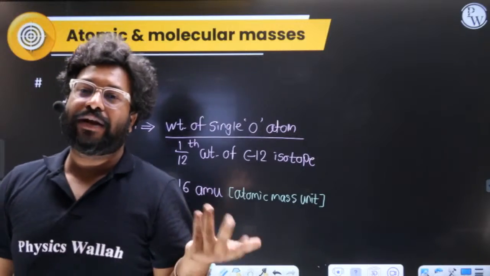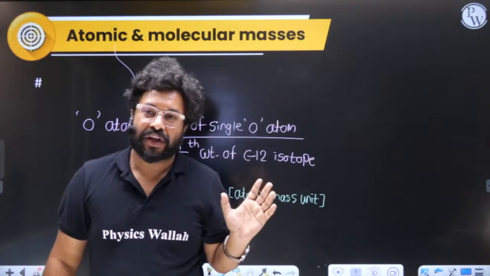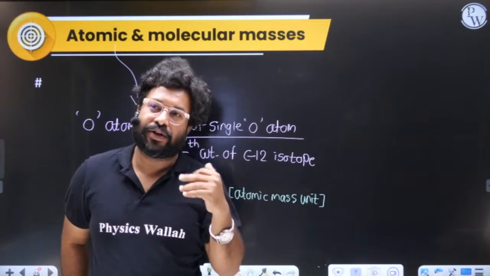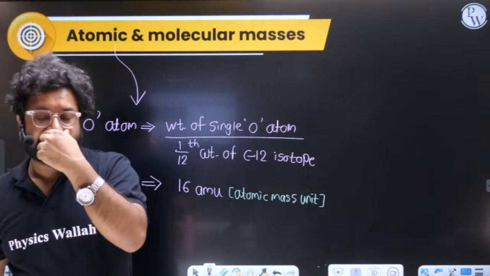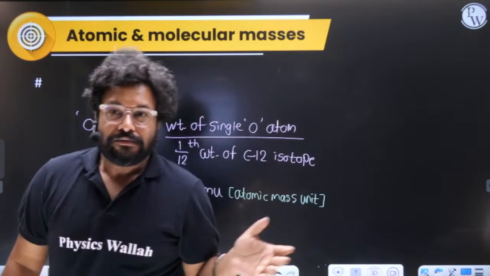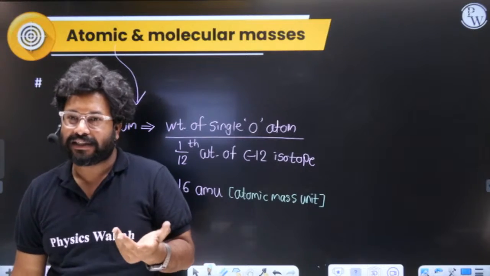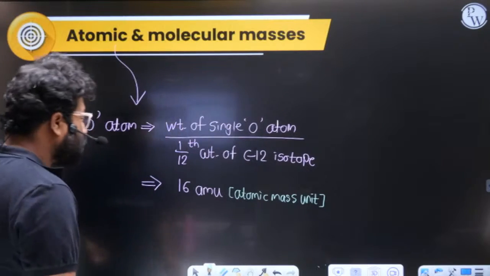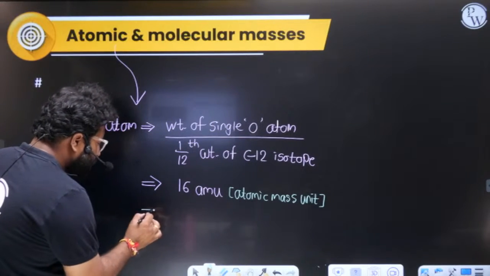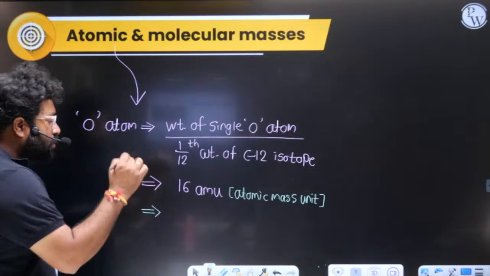It depends how many neutrons are present in your atom. If the number of neutrons present in your atom is exactly the same as the number of protons, then what you have said can be applicable. But otherwise, it is not always the case. Okay? So this is the weight of a single oxygen atom.